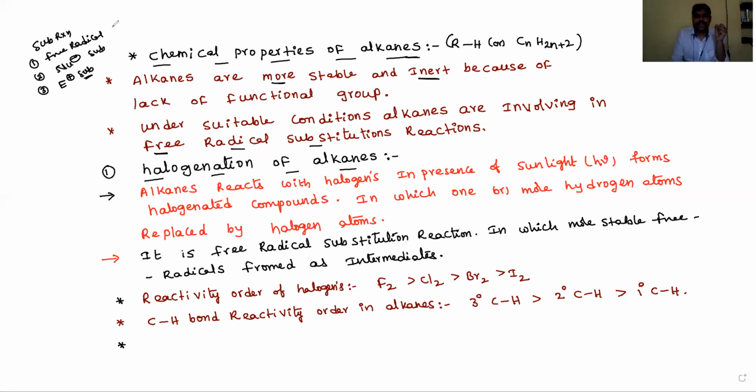Free radical substitution reactions mostly take place in alkanes, through the formation of more stable free radicals as intermediates by the cleavage of carbon-hydrogen bonds or carbon-carbon bonds. So alkanes mostly undergo free radical substitution reactions under suitable conditions.